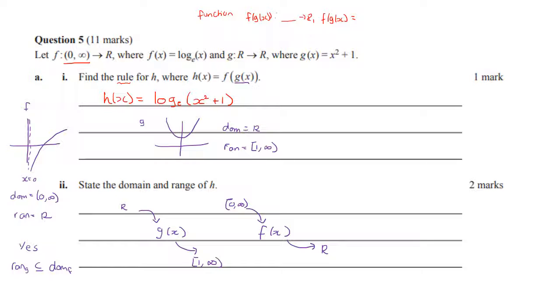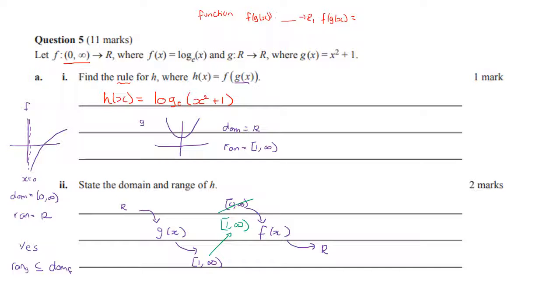So what we need to do is to change that. While f of x is allowed to have values from 0 to infinity, the only numbers available to me are the numbers from 1 to infinity, because those are the only numbers we have coming out of g of x, so I can only put 1 to infinity into my f of x function.